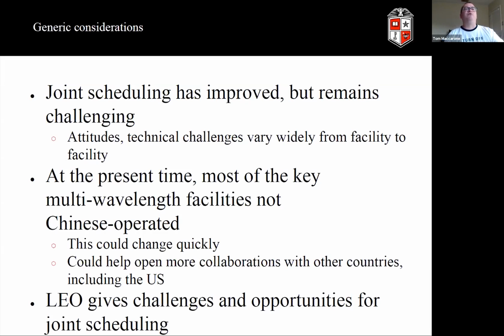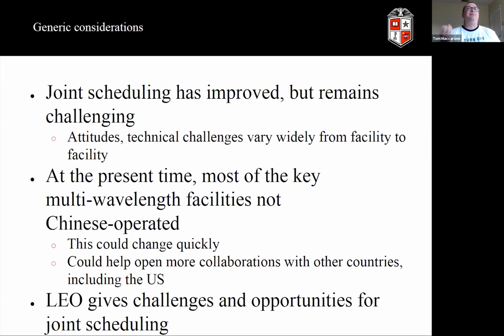And due to heroic efforts by people, and I was going to say especially Maria Diaz-Trigo, you're now able to do joint scheduling with ALMA and other things, but it's still not possible to do that in one proposal. At the present time, most of the key multi-wavelength facilities are not operated by China, but this could change quickly if the Chinese community pushes for some of the kinds of instrumentation that might help EXTP be more successful.